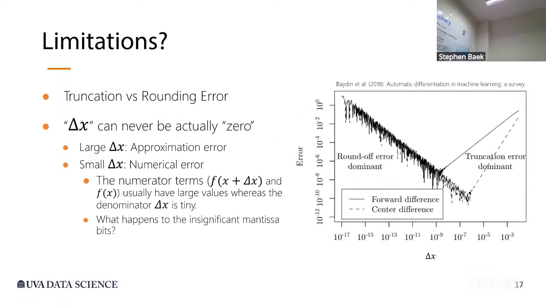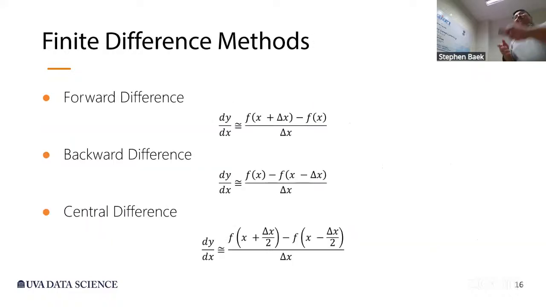The problem is those are not the actual derivatives. We're only approximating, that is the first thing. The second thing is that the computation of this takes time. In the case of central difference, you have to evaluate the value at the forward, evaluate the value at the backward, and then divide by delta x.